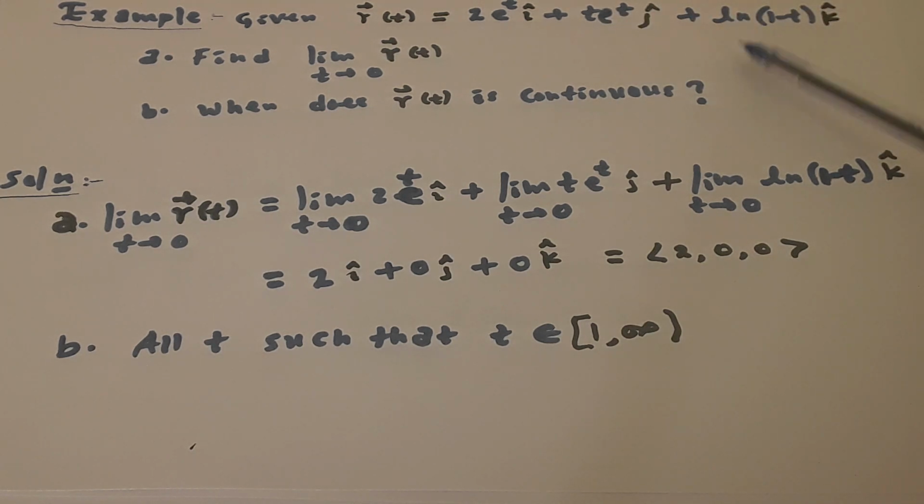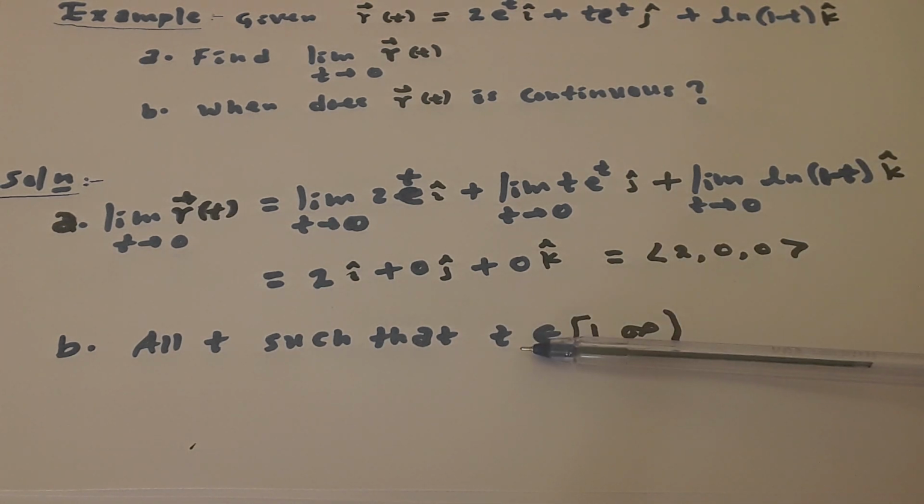But when you come to ln(1 - t), it is defined only when 1 - t is greater than 0. Even at 0 it could not be defined, that's why 1 - t should be greater than 0. We mean t is less than 1, so this function is continuous for all t in the range from negative infinity up to 1.